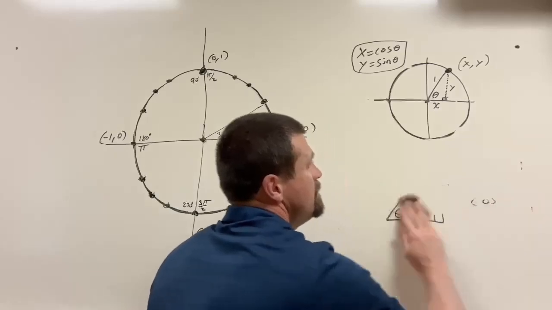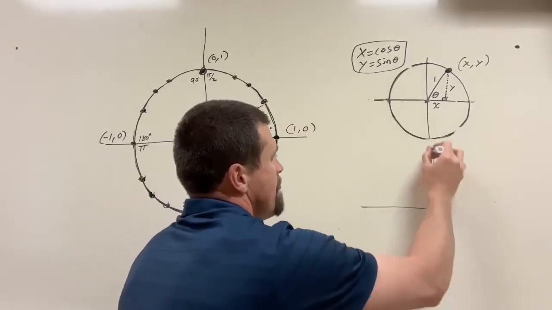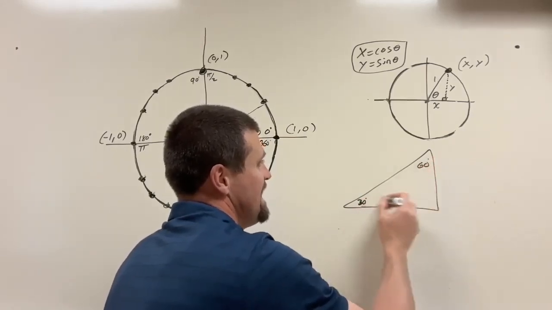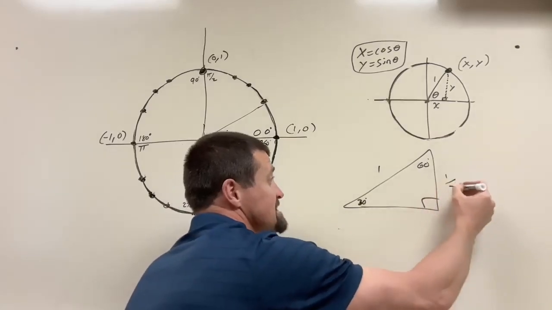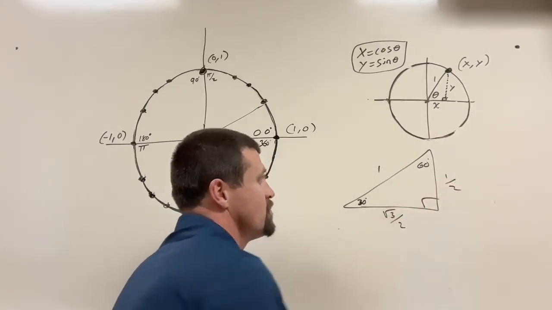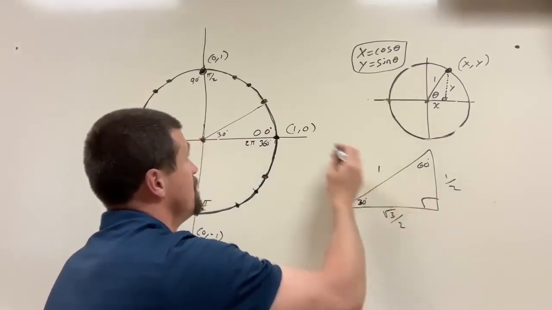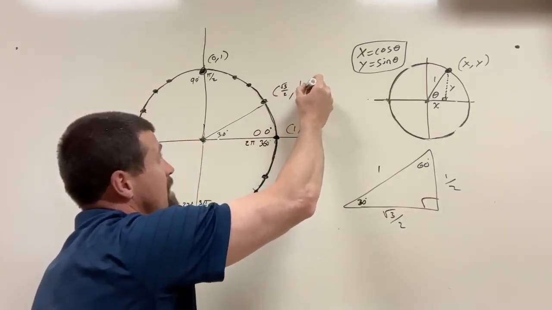And if you remember from geometry, a 30-60-90 triangle with hypotenuse 1 always has the sides 1/2 and square root of 3 over 2. Well, if I put that triangle here, that gives me an x-coordinate of square root of 3 over 2 and a y-coordinate of 1/2.